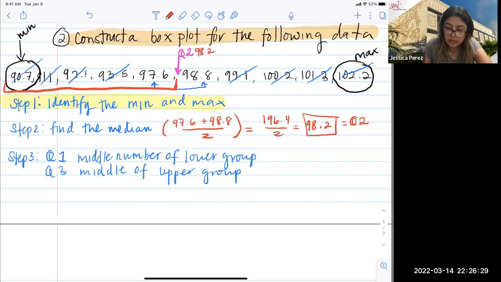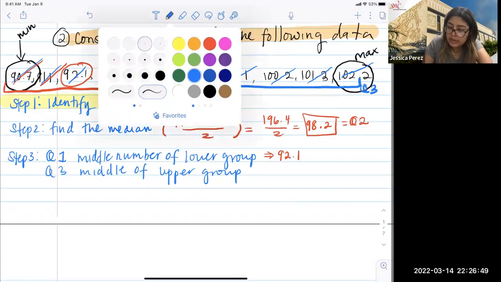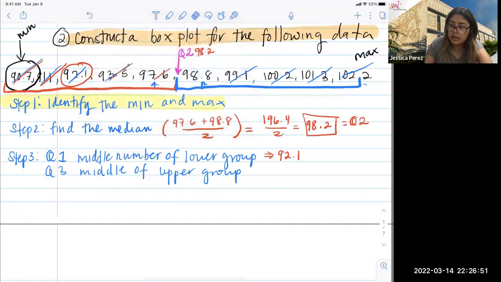So then I cross, cross, cross, and cross. So my median, or my Q1, is 92.1. And I do the same thing for the next data. So from here to here, this is Q3. That's the upper quartile, sorry.